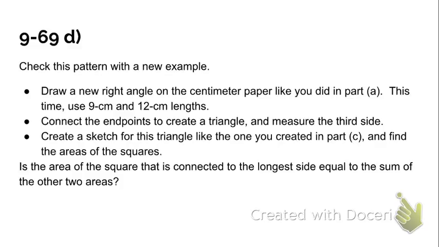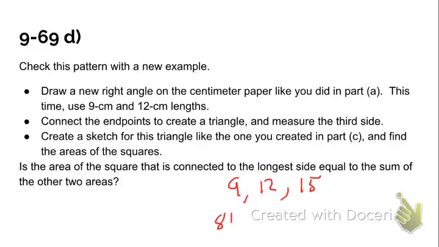If done properly, then yes, you should have gotten, when you did your 9 and your 12, your final length should have been about 15. So we would have had length 9, length 12, and length 15.